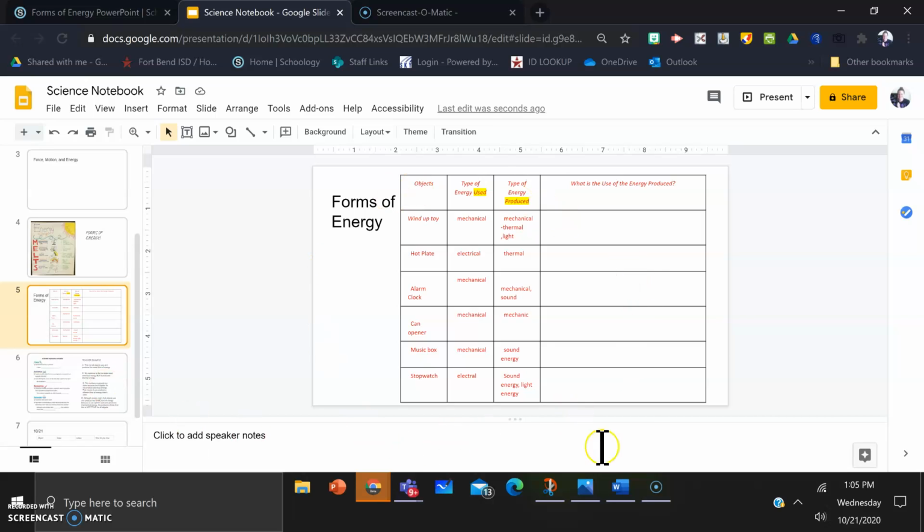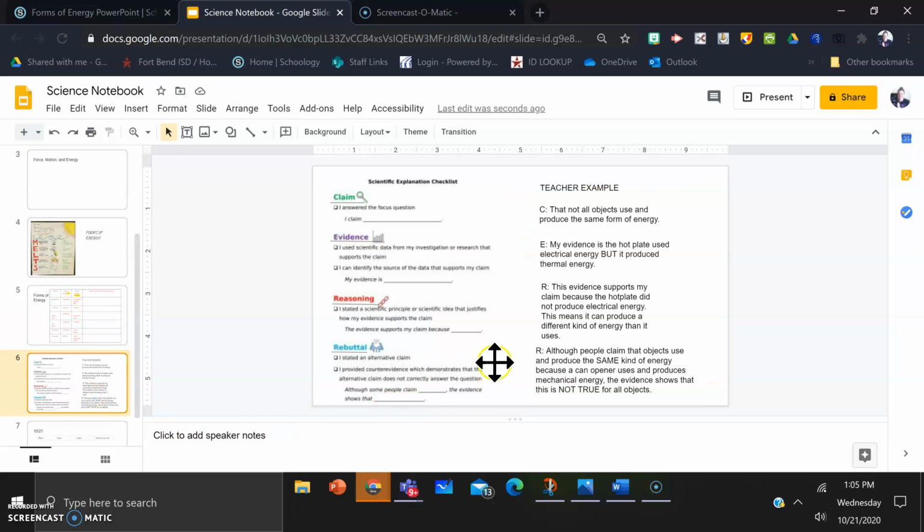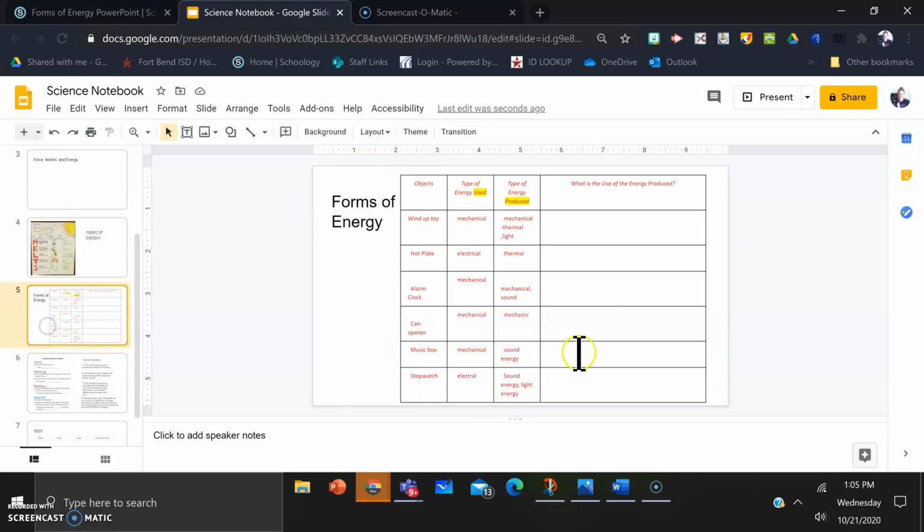Next, we're going to take our observations from yesterday and learn how to write those in a CER response. CER stands for claim, evidence, reasoning, and rebuttal. When we create a claim, we look at our data and make an inference or a conclusion from that data.